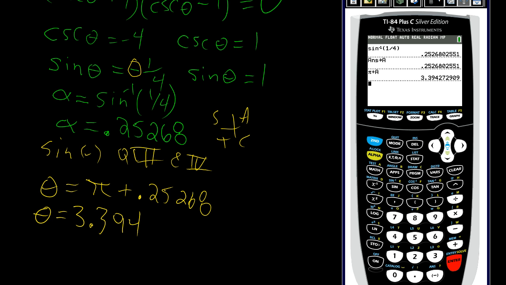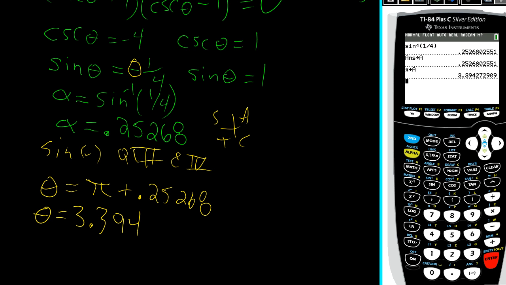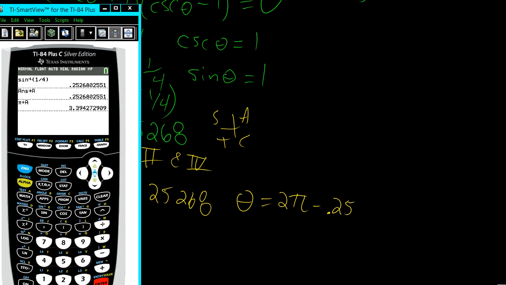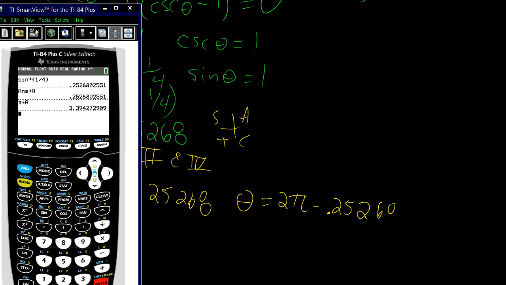My quadrant 4 solution is going to be 2 pi minus my reference angle. The end of quadrant 4 is 2 pi, so 2 pi minus 0.25268.